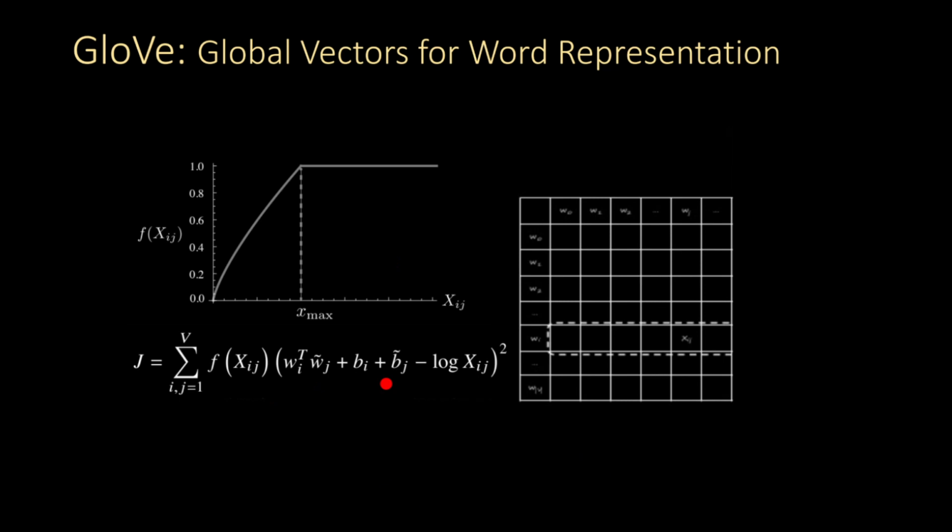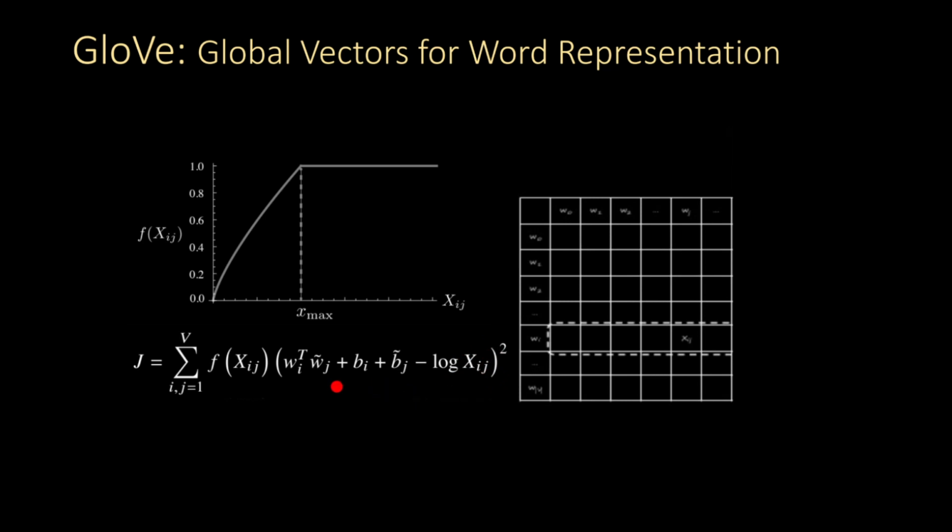Now, let's take a look at what's happening here in the cost function. Basically, you have two words, i and j. They can simply represent a cell in the co-occurrence matrix. You have their corresponding biases, and you are computing the dot product of the two, and subtracting all of those from X_ij, which is the frequency of co-occurrence, how many times they co-occur.